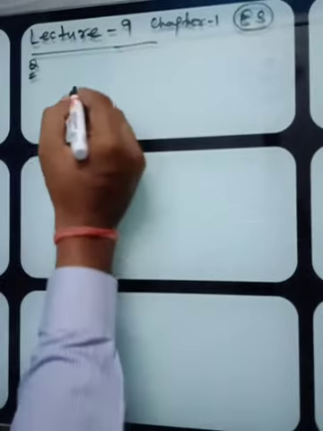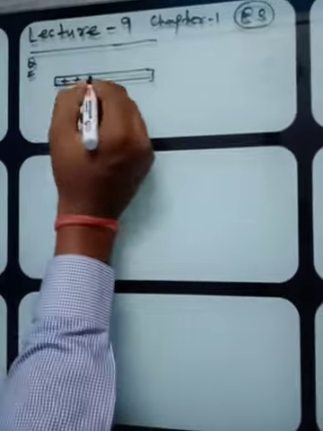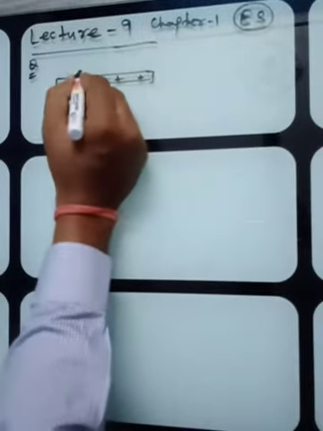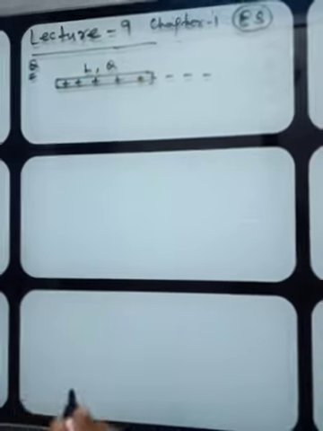So students, the question is: this is a positively charged rod of length L, and the charge Q is uniformly distributed over the rod.